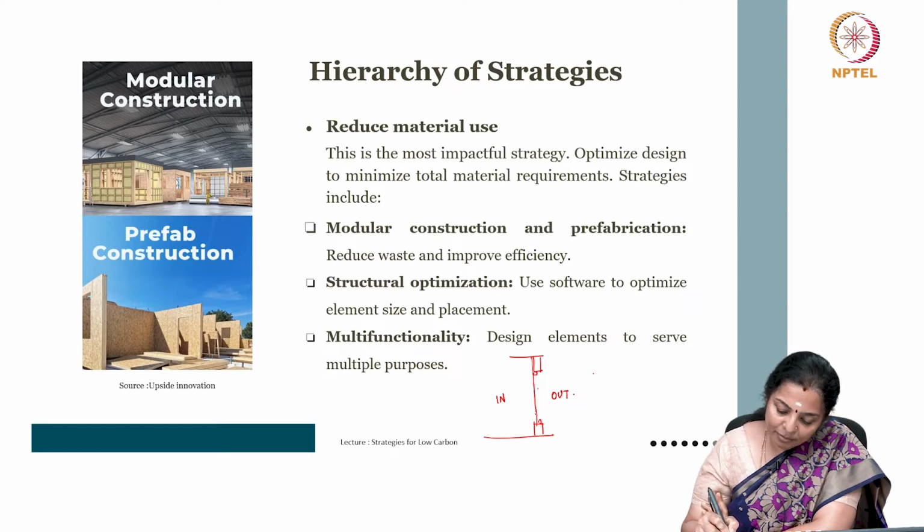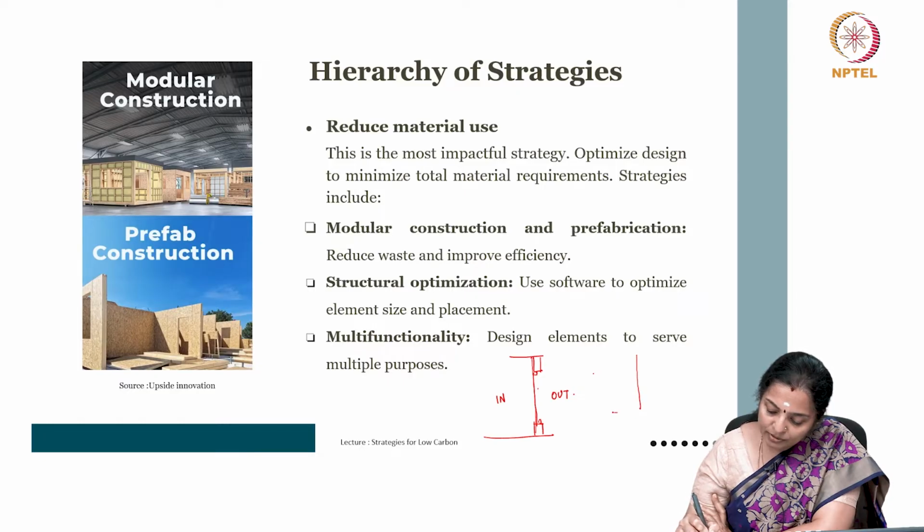the inside will be flush, but at the same time, suppose you have a window which is placed like this, you can use this space. This can act as a multifunctional space too.